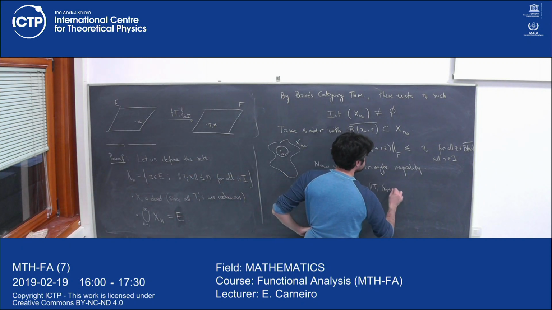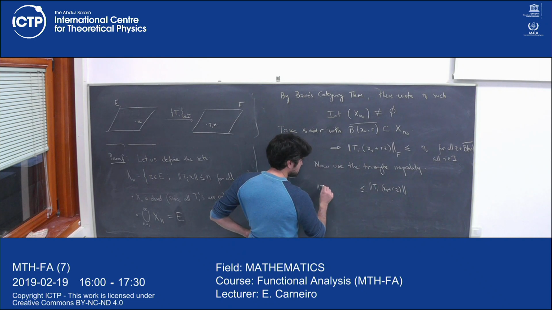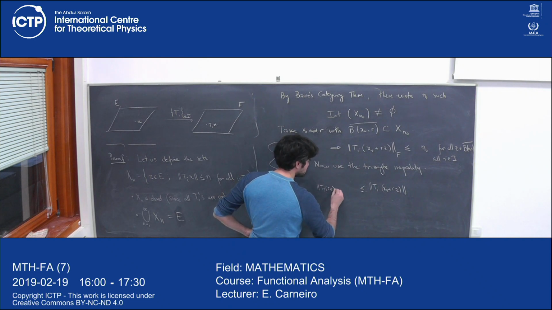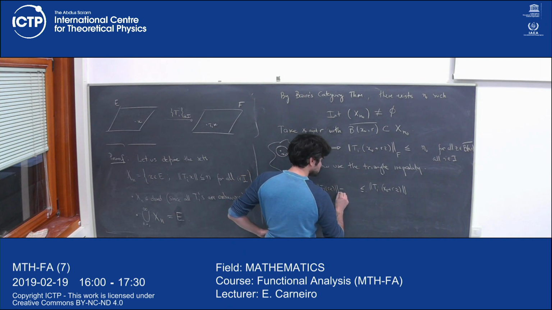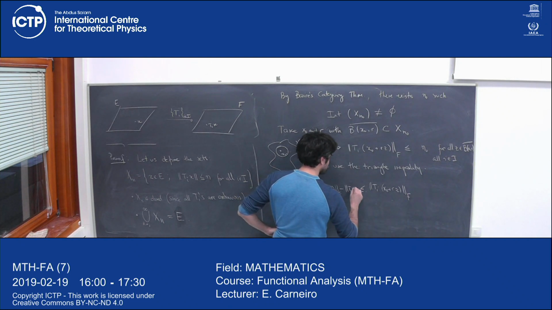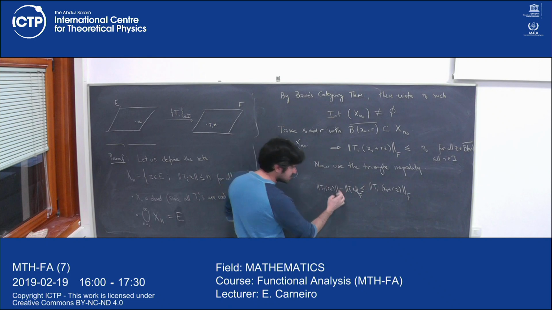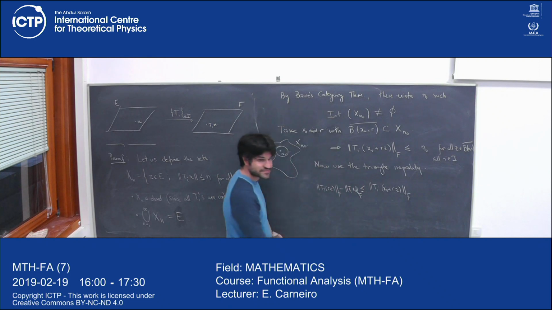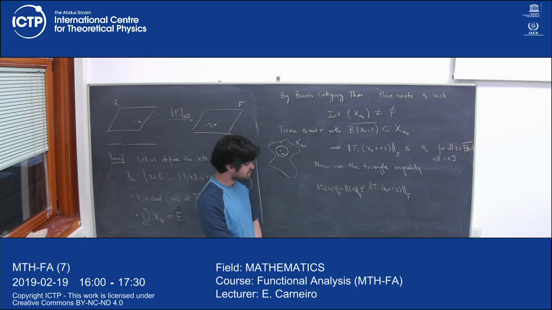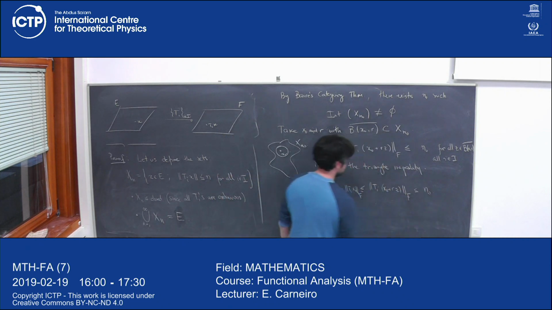That this is bigger or equal than the norm of Ti of rz minus Ti of x0. Okay, so I'm going to use the triangle inequality with the minus here. Let's say this guy is less than this plus this. Okay? And this is less than or equal to n0.